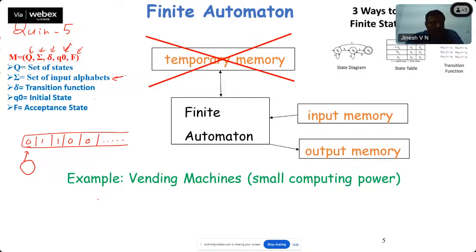Then character by character we are reading. With respect to the state, and on a specific input, we are going to take a decision on what the next state is. That decision making happens through the control function. That control function we define as delta.